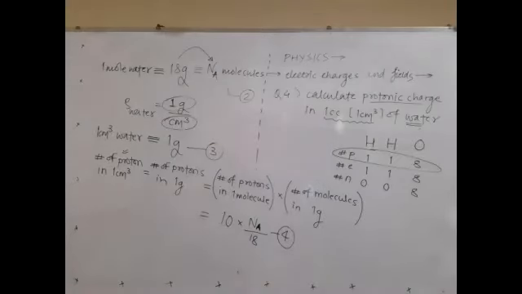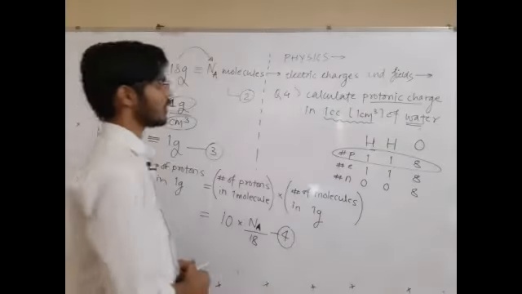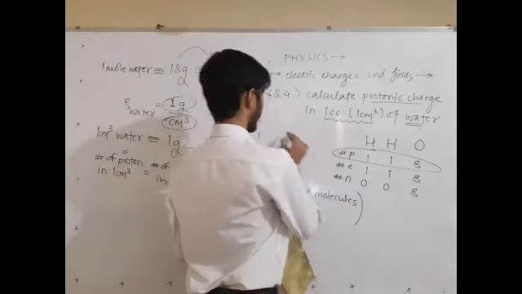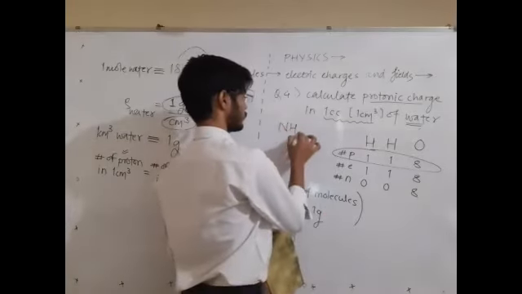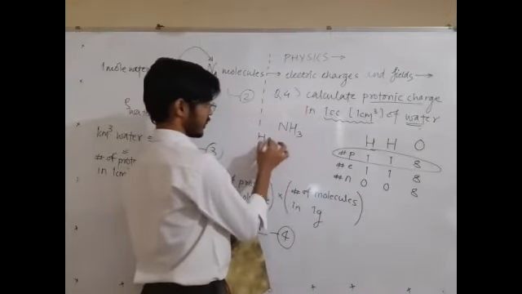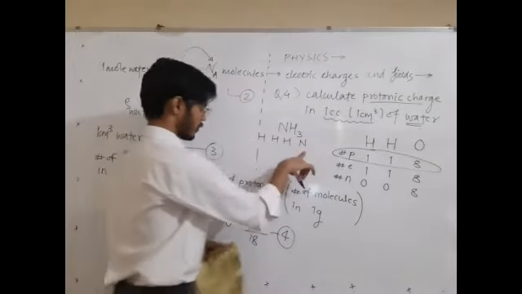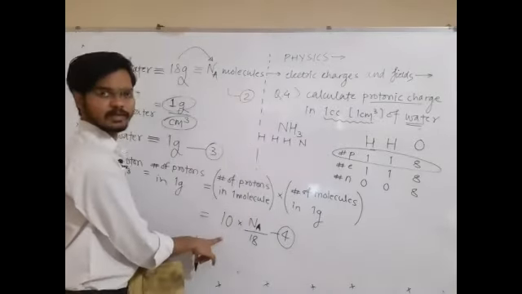Sir, in the question they give whatever substance, our answer is this type. Yes, they might change the substance as well. Instead of H2O, they could have given NH3 molecule. Then you would have made a chart like this: H, H, H and N. Find out the number of protons, put it here.